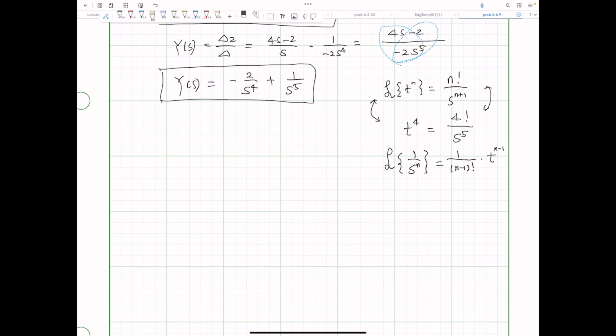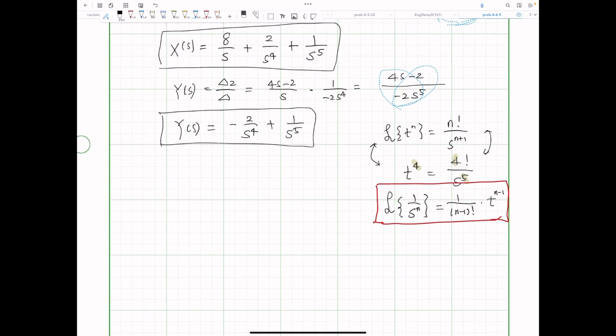We are looking at this relationship, the power. So we have s^5, so 1 over (n minus 1) factorial, and then the t power has to be 1 less than the s power. So if you have this on your cheat sheet, it's going to be handy.